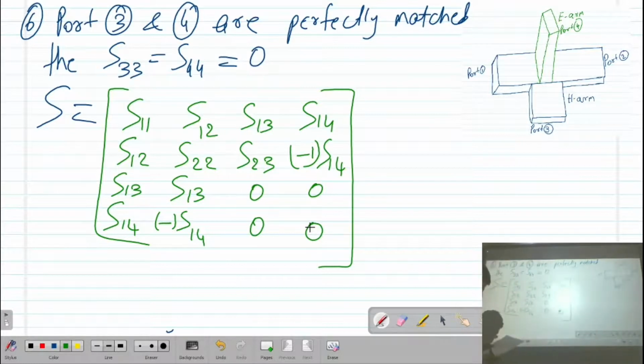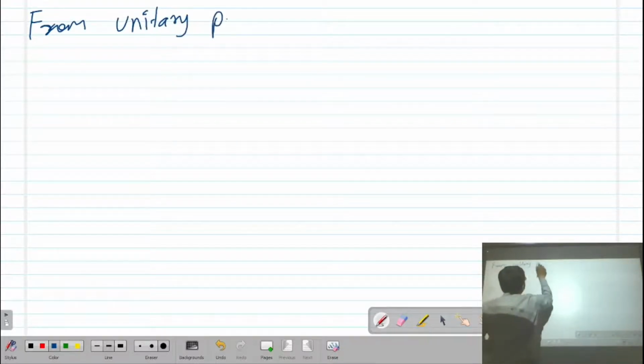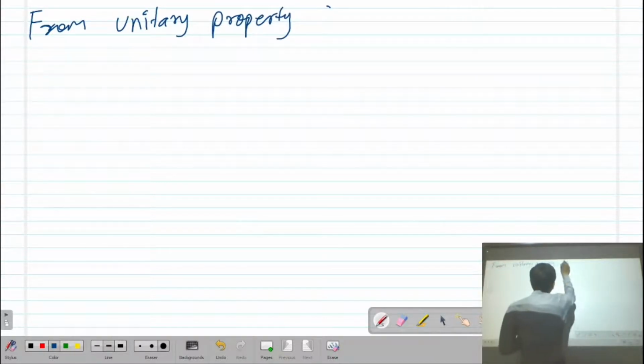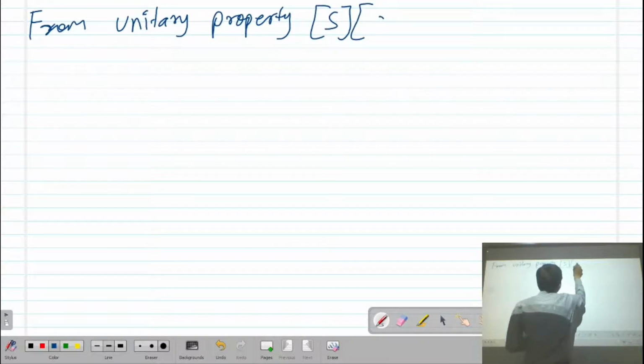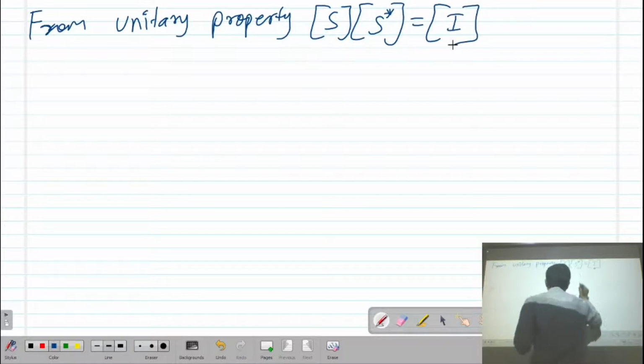Okay, now we know that from unitary property, number 7 or number 8, we have S into S star is equal to the identity matrix. This I is nothing but the identity matrix.